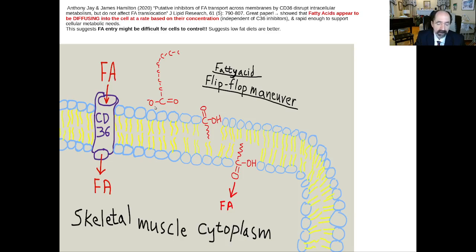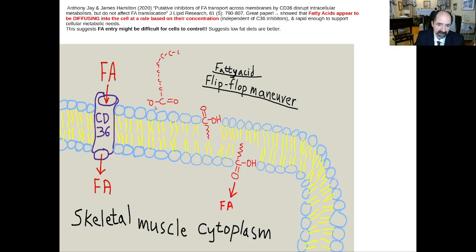It appears that the skeletal muscle cannot control the amount of fat that comes into it, that it simply takes it up in a concentration gradient dependent fashion, meaning the more fat there is in the blood, the more fat gets into the skeletal muscle. So that enables excessive amounts of fat to get into the skeletal muscle.